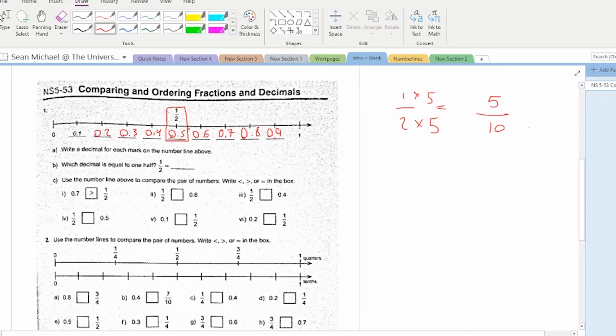The other thing we can find here is that anything below 0.5 is smaller than a half, and anything above 0.5 is greater than a half. This includes if we had hundredths here, but we're not dealing with that yet.